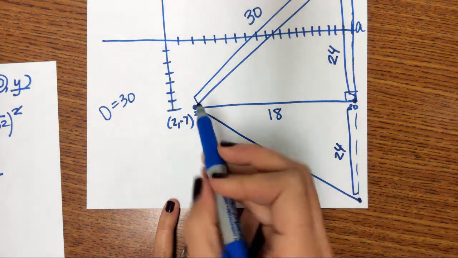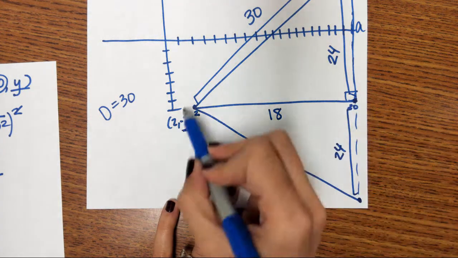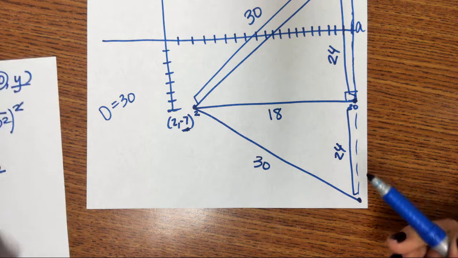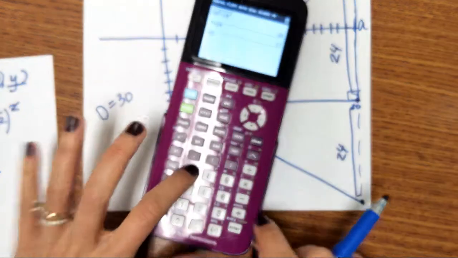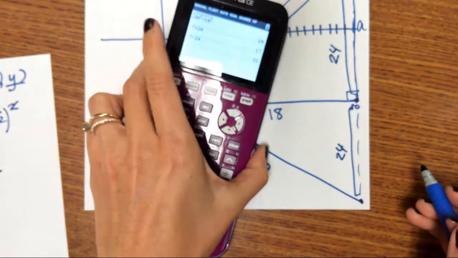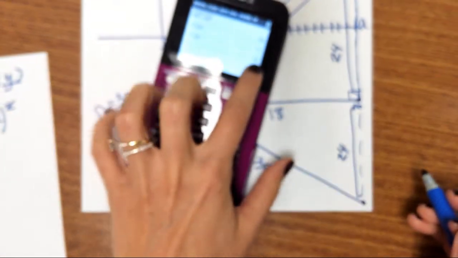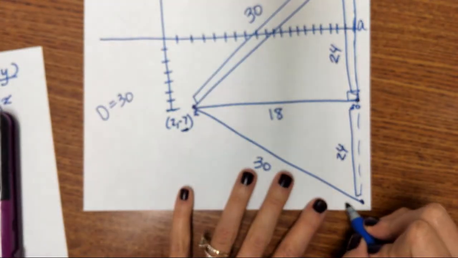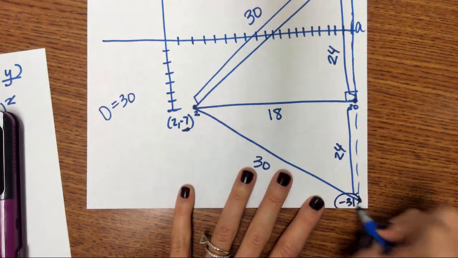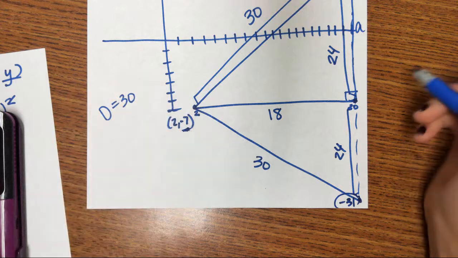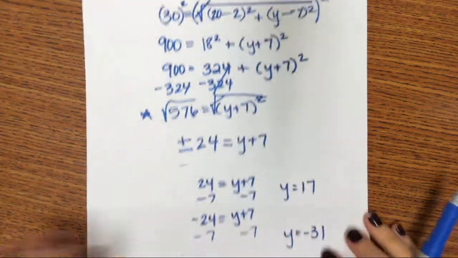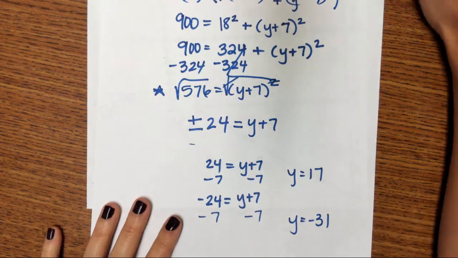So if I'm at -7 and I go down 24, -7 minus 24, then I land, you see that? It's hard to see, it's not zooming in. It says -31. So there we go, way, way down at -31. So I just solved it using Pythagorean theorem instead of doing all of that. You choose.